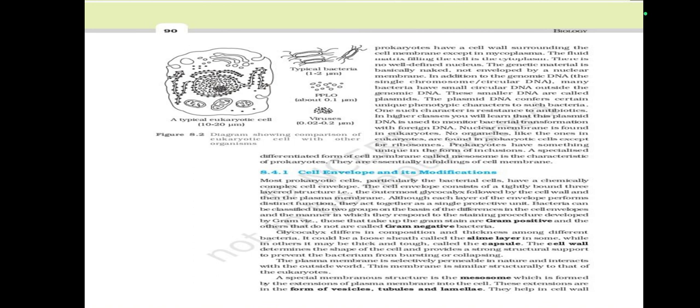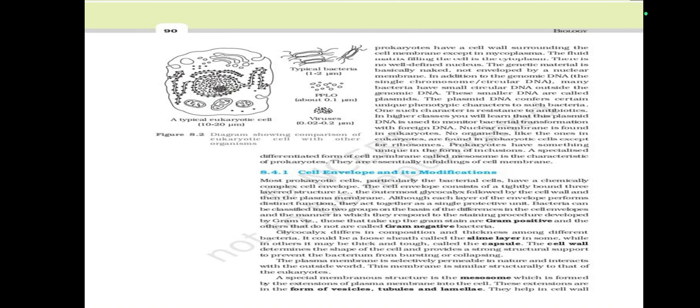Most prokaryotic cells, particularly the bacterial cells, have a chemically complex cell envelope. The cell envelope consists of a tightly bound three-layered structure, that is, the outermost glycocalyx, followed by the cell wall, and then the plasma membrane. Although each layer of the envelope performs distinct functions, they act together as a single protective unit.